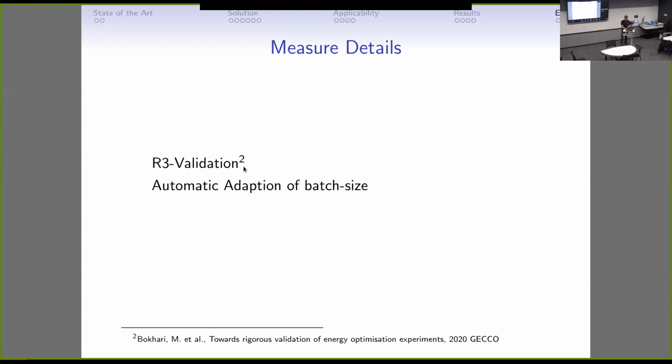So we adapt the R3 validation, which is from Gecko 2020. Essentially what they did is they restarted and tried to reset a mobile phone in the context of energy measurement. They observed that if I measure the energy now, it's different than tomorrow and the day after tomorrow. So what we try to adapt from there is that we measure randomly in a rotated fashion.